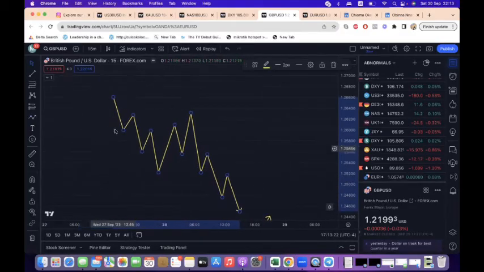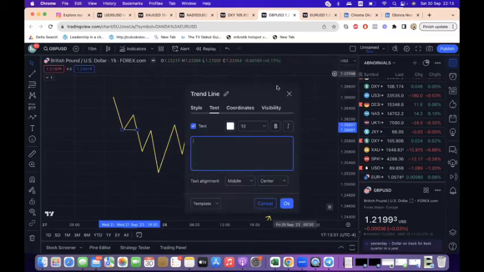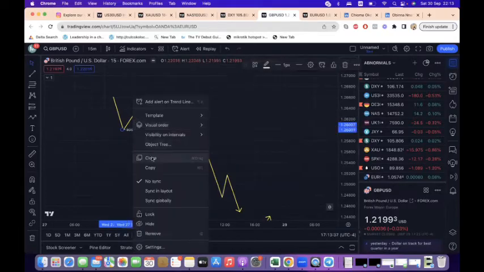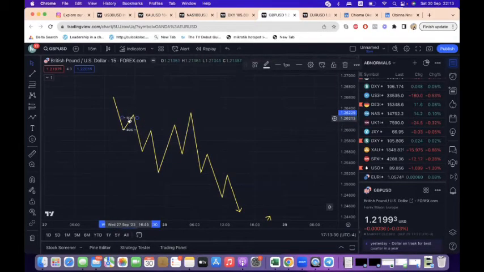So we know in a downtrend, it's the lows that are being broken right there. Right? The lows are being broken right there.